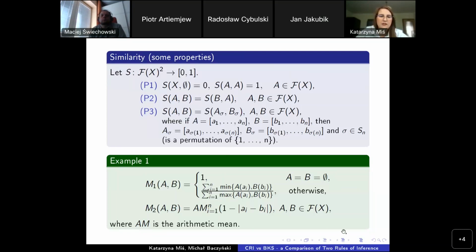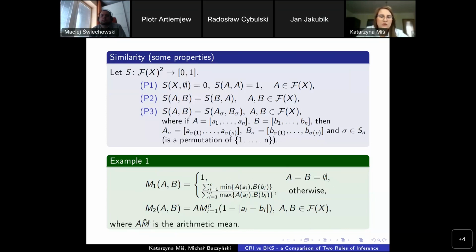And here I have two very basic examples of similarity measures. In the first one, as you can see, if both fuzzy sets are empty, the value is 1. In the other case, we sum up the minimal values for every argument, and then divide by the sum of the maximal values.